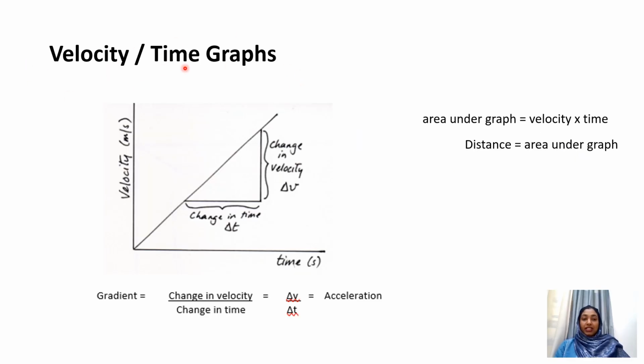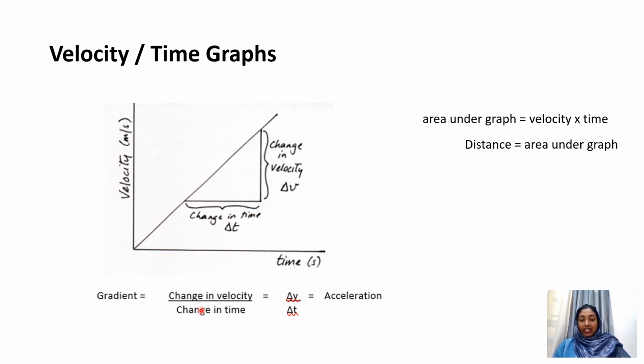Now we can discuss the velocity time graph. In a velocity time graph, time is plotted on the x-axis and velocity is plotted on the y-axis. In the previous session, we understood what gradient is.